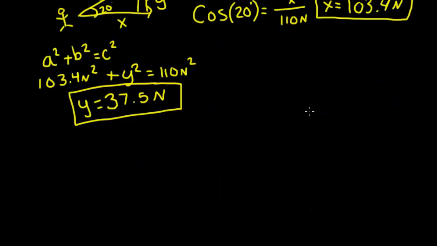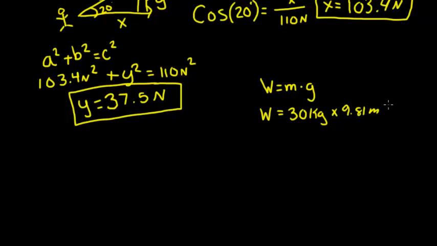The second part of the question asks for the child's weight. Now we know that weight equals mass times g. We're given her mass, which is 30 kilograms, times, and we know g is 9.81 meters per second squared.